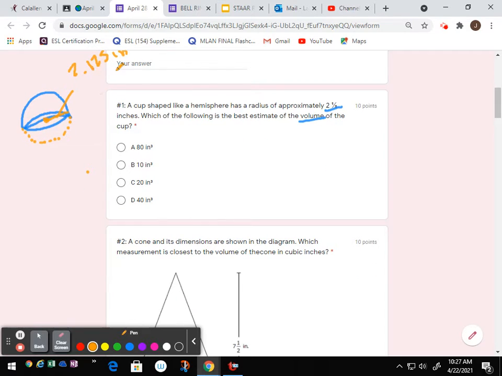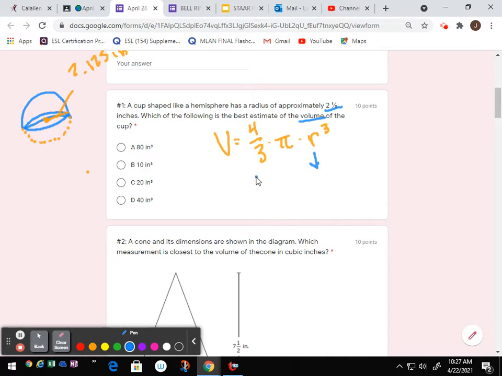There is our radius. Our volume formula for a sphere is V equals 4/3 times pi times the radius cubed. Since we're finding the volume, our radius is cubed. We have our radius of 2.125, so all we have to do is plug in 2.125 for r.